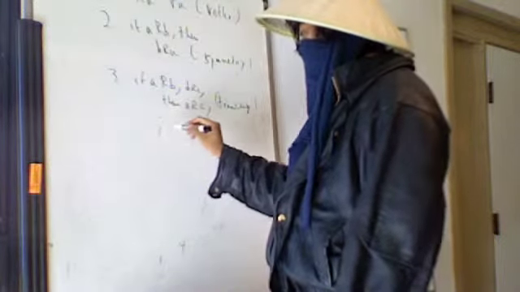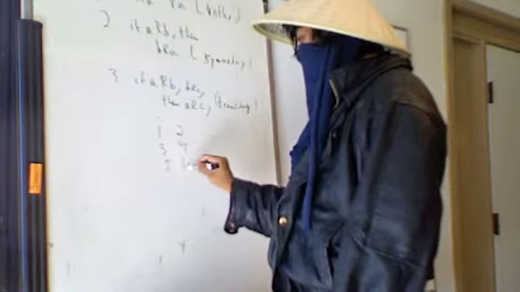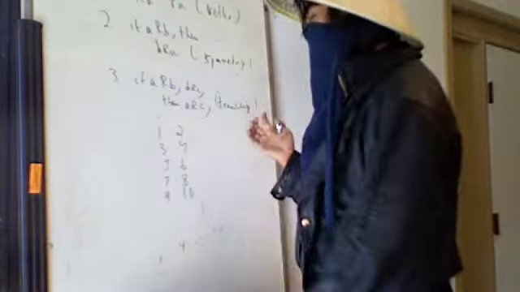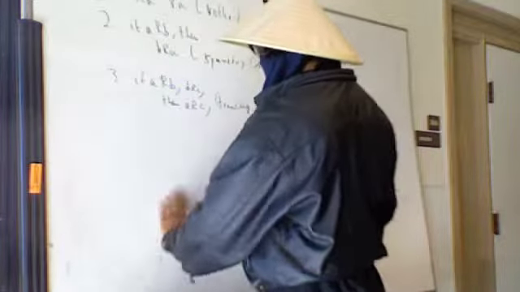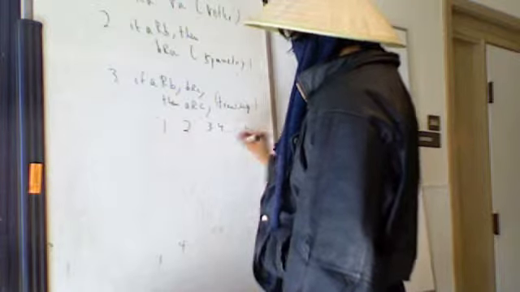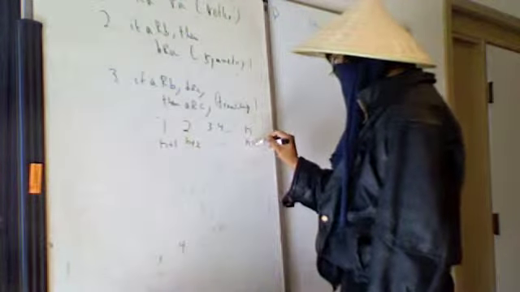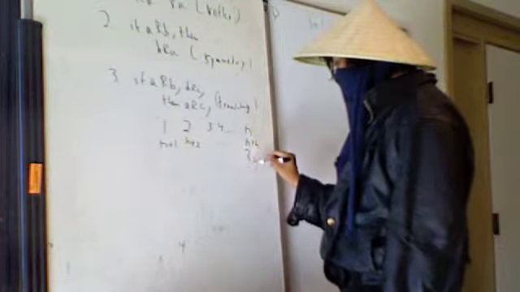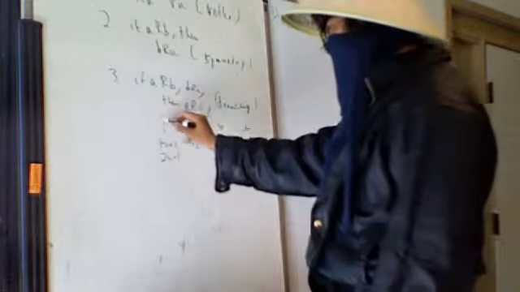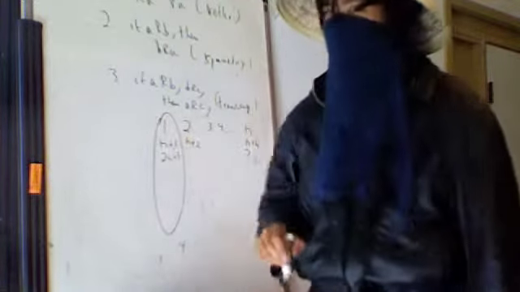So let's do evens and odds. For example, 1, 2, 3, 4, 5, 6, 7, 8, 9, 10. Even better, a congruence class mod n. We can look at the numbers up to n, then n plus 1, n plus 2, up to n plus n, 2n plus 1, and so forth. And I can say these columns, anything that has a remainder of 1 when you mod by n, is its own equivalence class.